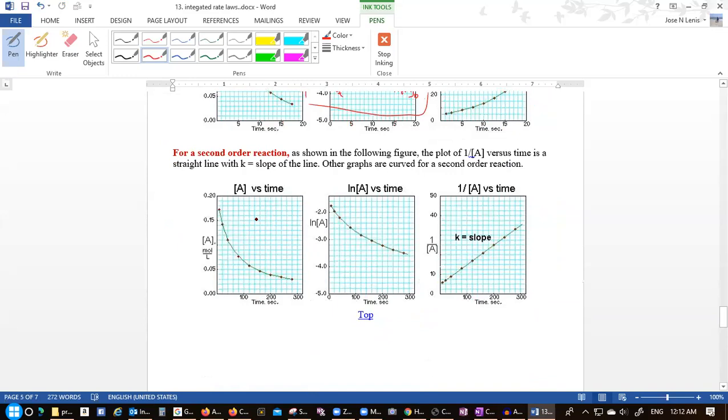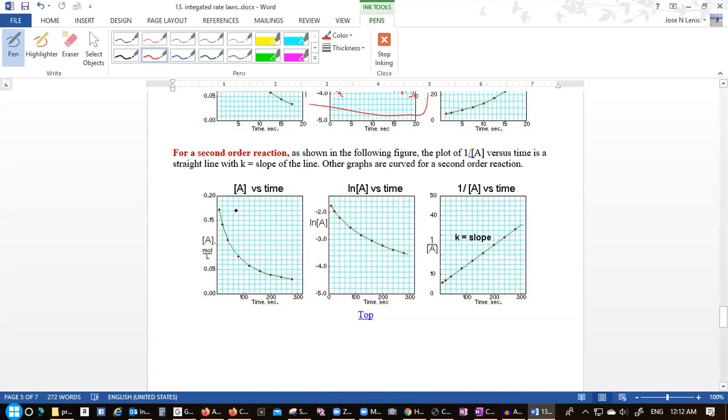So here, first, concentration of A against time for a different reaction, and you get no straight line. So it's not zero order.